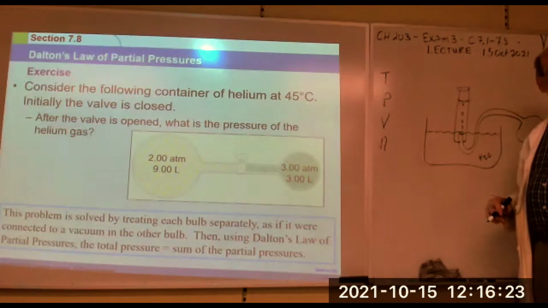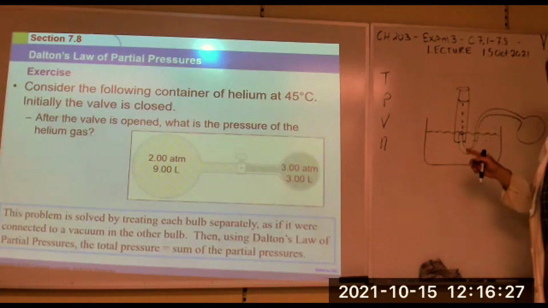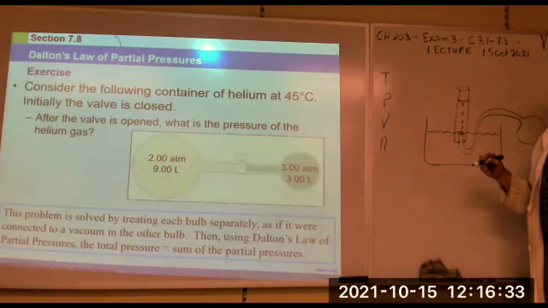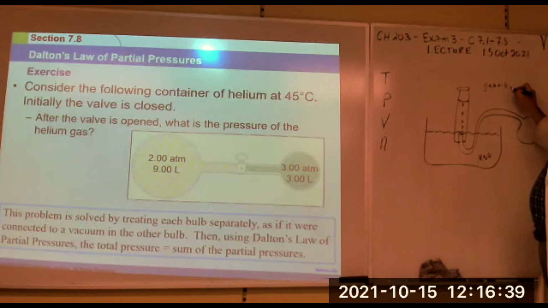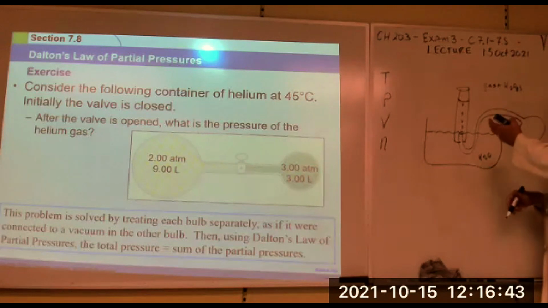But you have a gas coming in here, but what's it doing when it bubbles through water? It's picking up water vapor. So you actually have two gases in there. You have your gas, plus water vapor. Okay, but you don't want water vapor in your measurement.